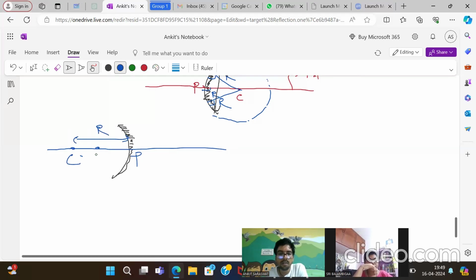What is this? Focus. And this distance is R by 2. Focal length. So what is focal length? The line joining the pole and the focus. Wrong definition.